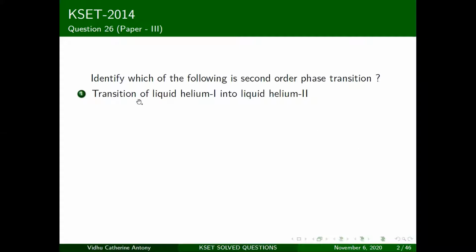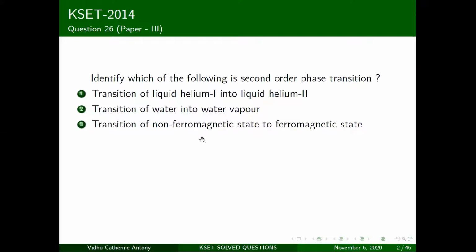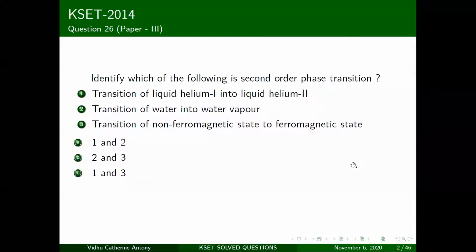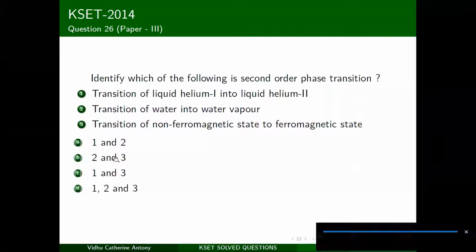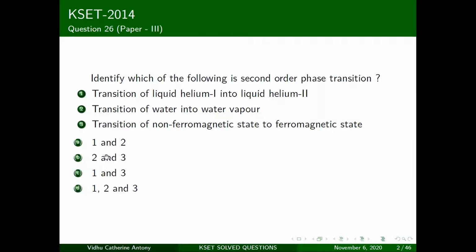The options are: transition of liquid helium-1 into liquid helium-2, transition of water into water vapor, transition of non-ferromagnetic state to ferromagnetic state. Out of these, you need to pick a couple of options. They've given you 4 options here. Here you have 1 and 2.